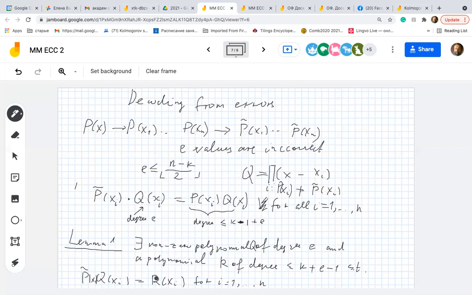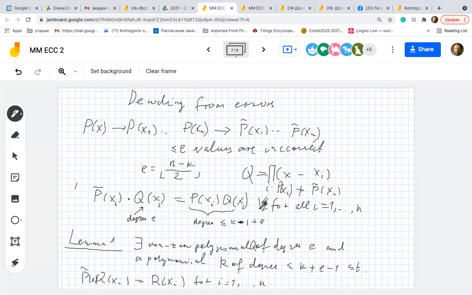There is only one problem considering this system. We do not know the number of errors in advance. And hence, we will assume, again, that the number of values which are incorrect is at most e, where e equals exactly this value. In our lemma, we will still require a polynomial of degree exactly e.